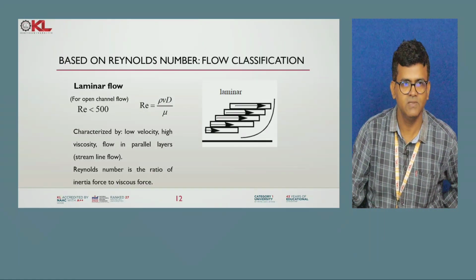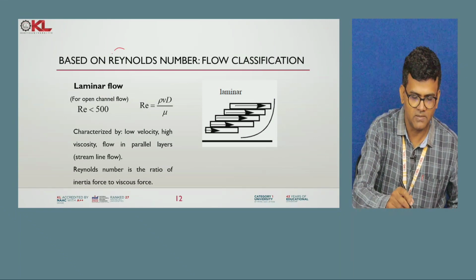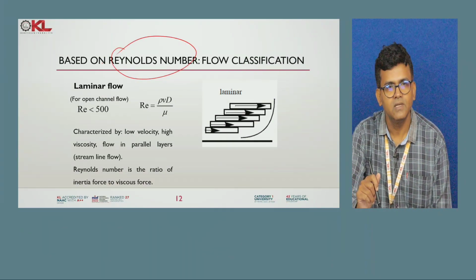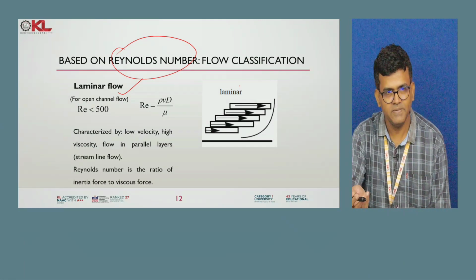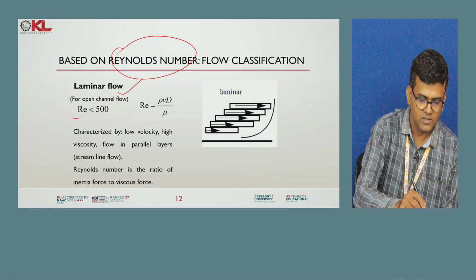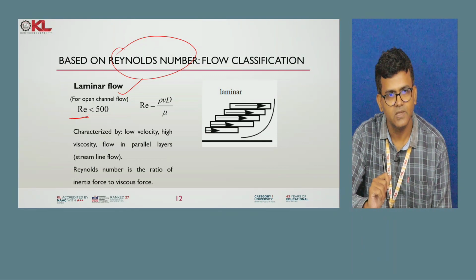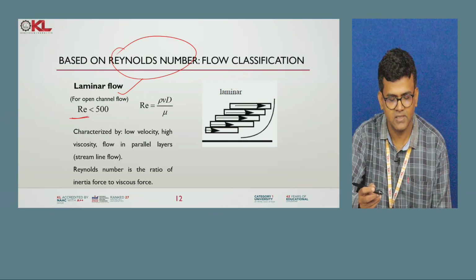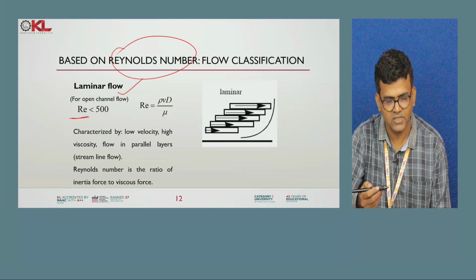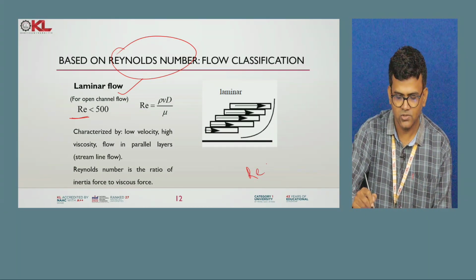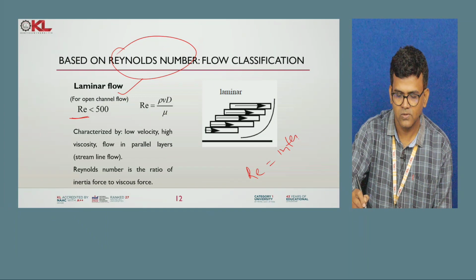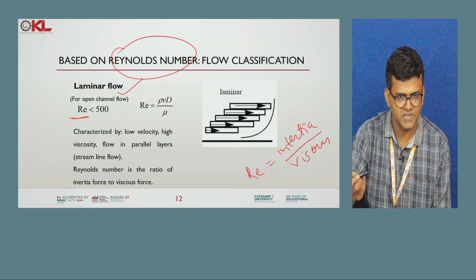Already seen this one. Now based on the Reynolds number, the flow may be laminar, flow may be turbulent. The laminar flow, what is the character? First we see how we can identify the laminar flow in terms of the Reynolds number. So Reynolds number is the ratio of inertia force to viscous force, a dimensionless number.